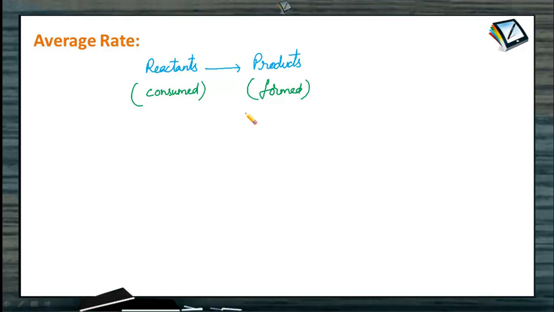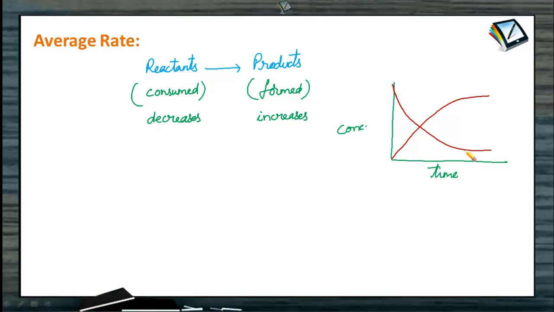In another way, we can say that when the reaction is in progress, as the reactants are consumed, the concentration of the reactants decreases and the concentration of the products increases. So when we draw a graph between concentration and time, we get a graph like this. One curve is for the reactant and one is for the product. Now identify which among them is for the reactant and which is for the product.